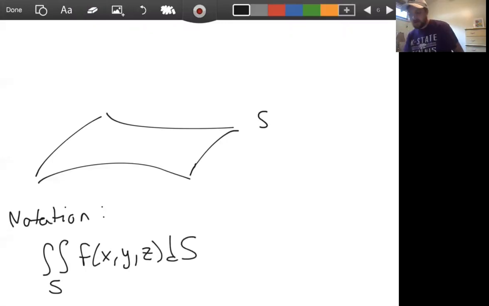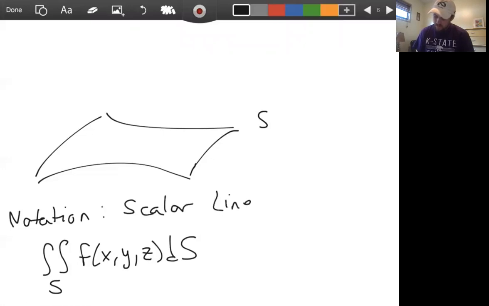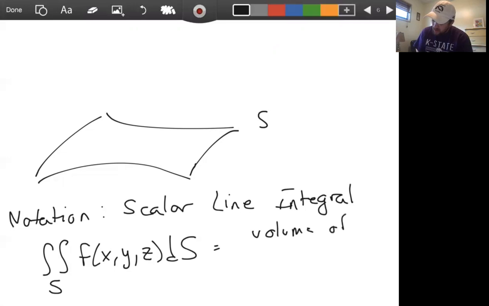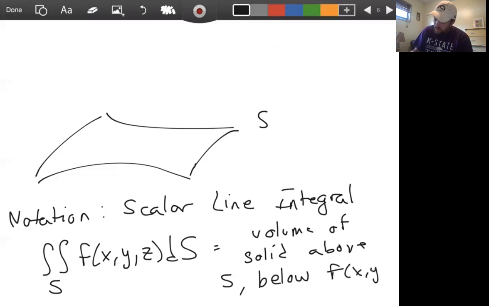This is notation for the scalar surface integral. This is the volume of the solid above S and below the function f of x, y, z.